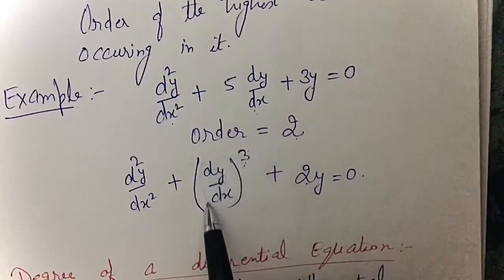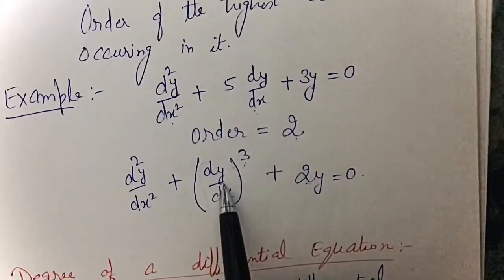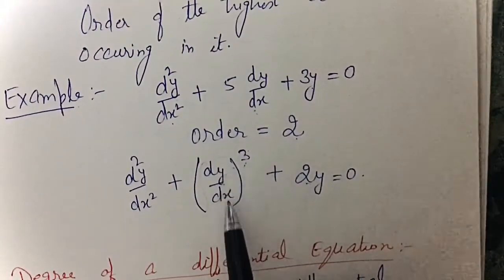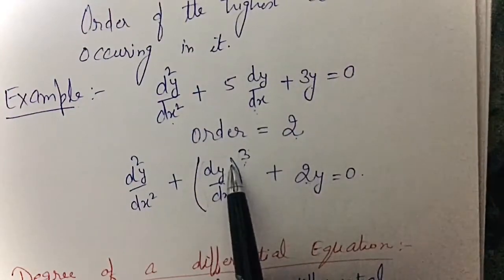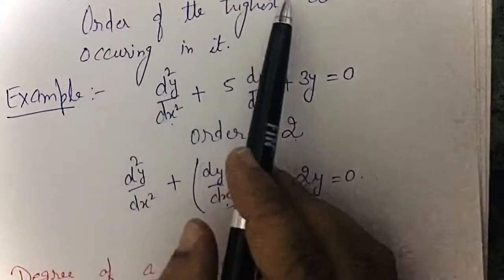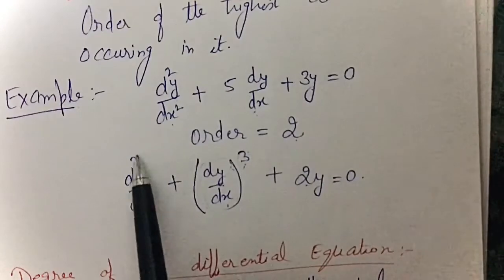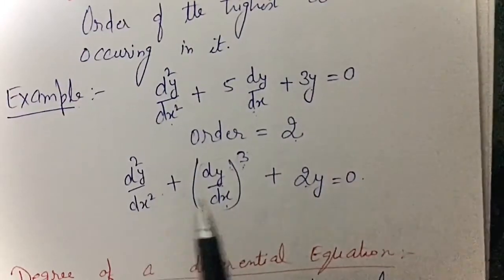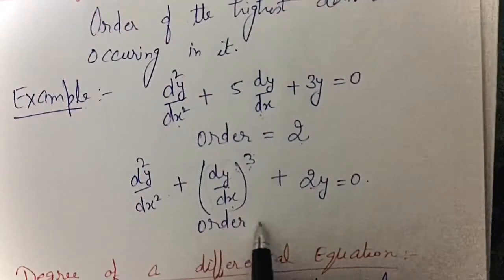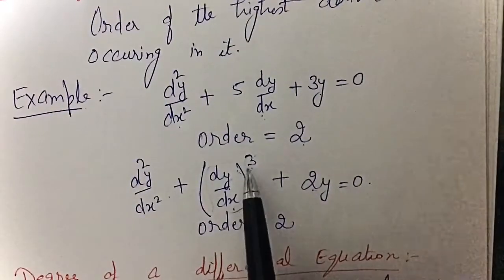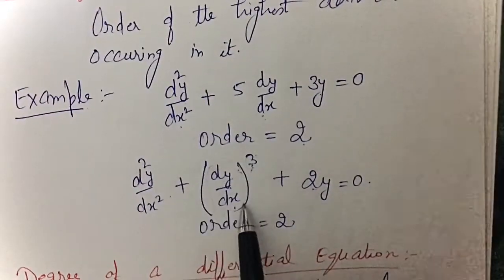The order of this coefficient is only 1. We are differentiating the dependent variable only once. The 3 is only the power of the first order derivative. So in this equation also the order is equal to 2.